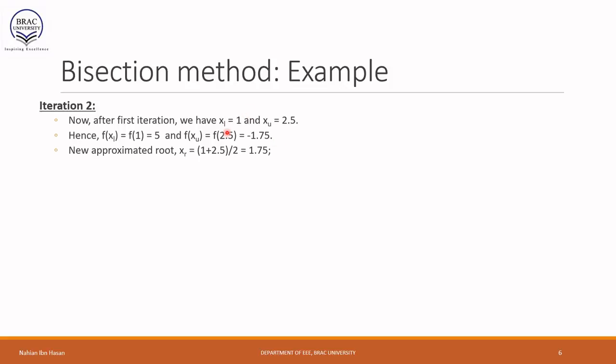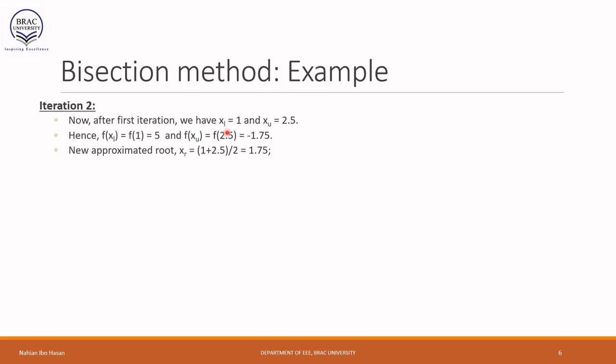So remember this: in the first iteration we already checked the multiplicative result of f of xl and f of xu. If in the first iteration it turns out to be less than 0, that means the function values are on opposite sides of the root, then we never need to recalculate that criteria in later iterations, because in the first iteration we already verified that.